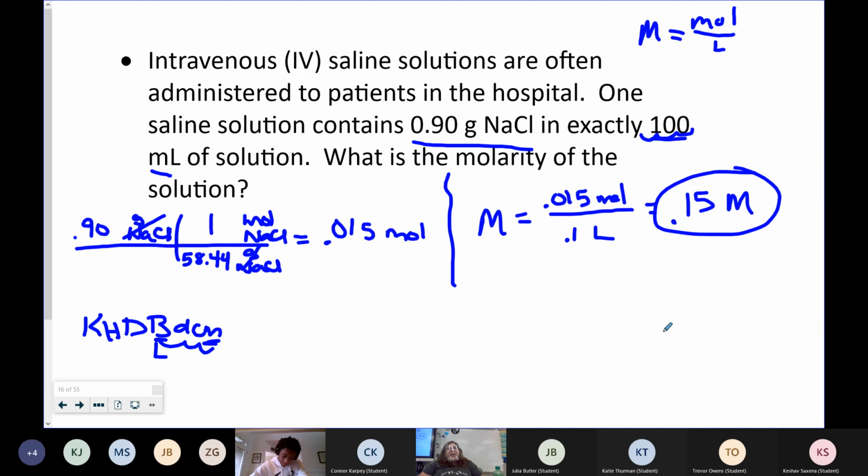That means that if we had a full liter, we would have 0.15 moles in a full liter of the solution. That was probably one of the harder molarity problems because you had to change both the grams to moles and the milliliters to liters. Hopefully, overall, it's not terrible.